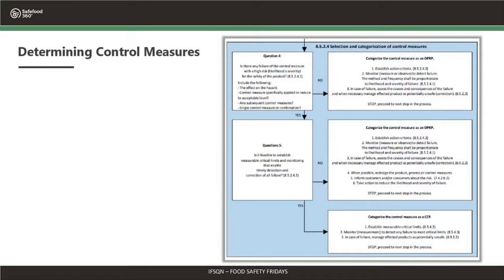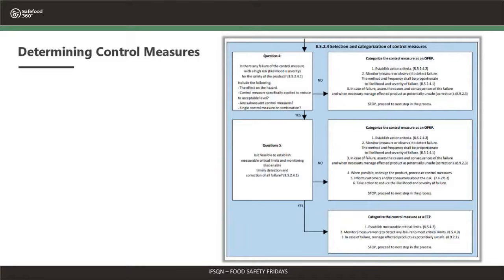So if we can't put that in place, this can be considered an OPRP. And obviously, if we say yes to that question, well, we've got a critical control point, so we categorize the control measure as a CCP. So there's lots of different decision trees. This one here takes into consideration PRP, OPRP, and CCP as well.